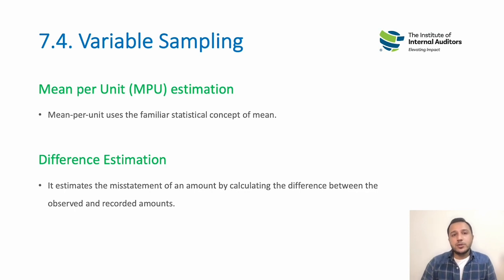There are different approaches within variable sampling that we can use to determine the differences between the value we are reviewing and the actual recorded amount within the company. So we apply variable sampling to different kinds of balances, for example the accounts receivable balance.